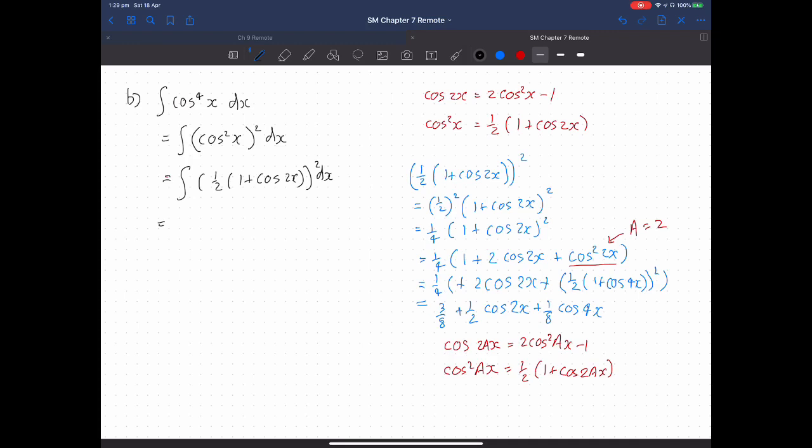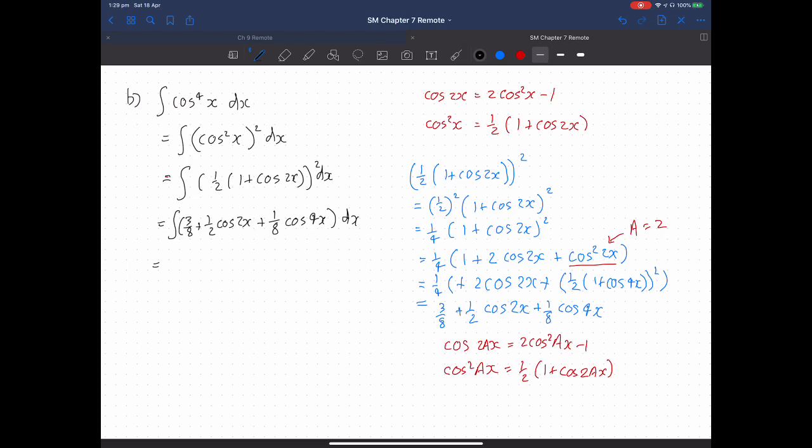We have the integral of 3/8 plus 1/2 cos 2x plus 1/8 cos 4x dx. So now we can antidifferentiate each term.